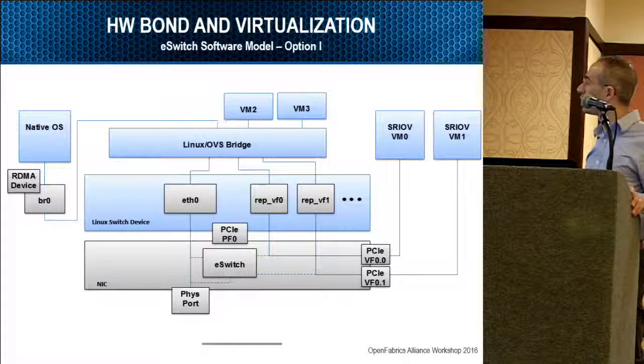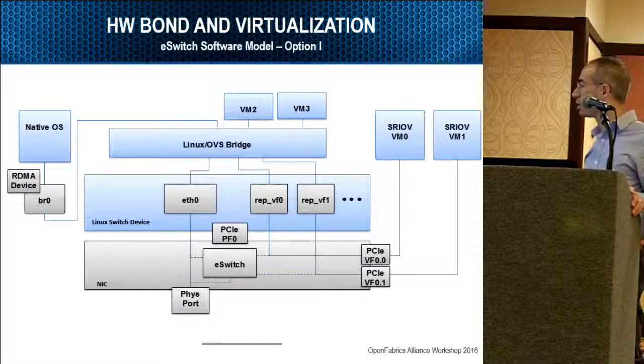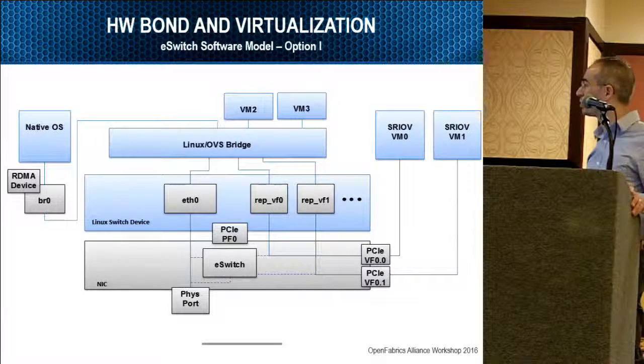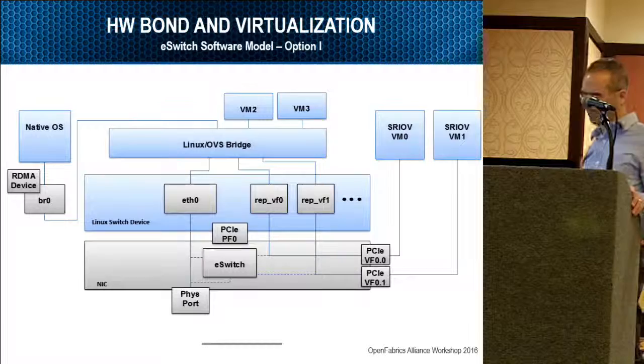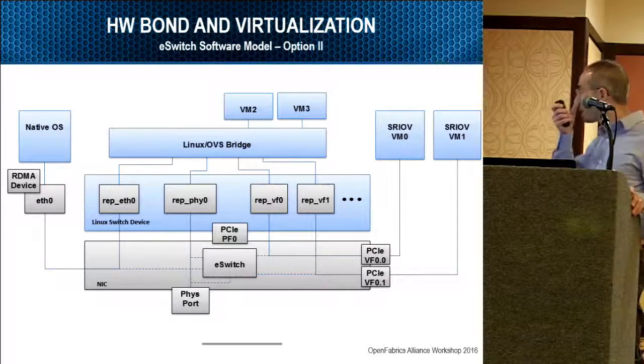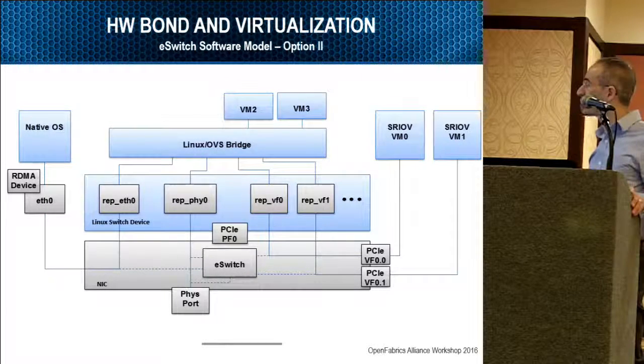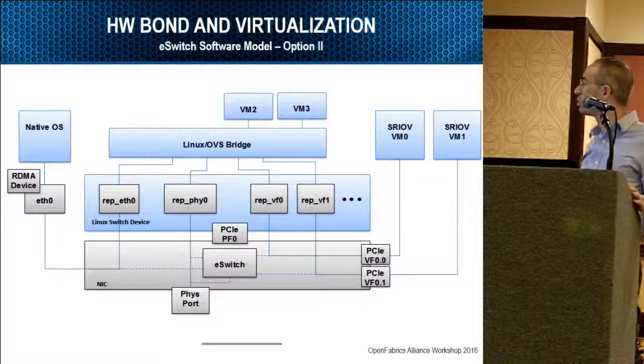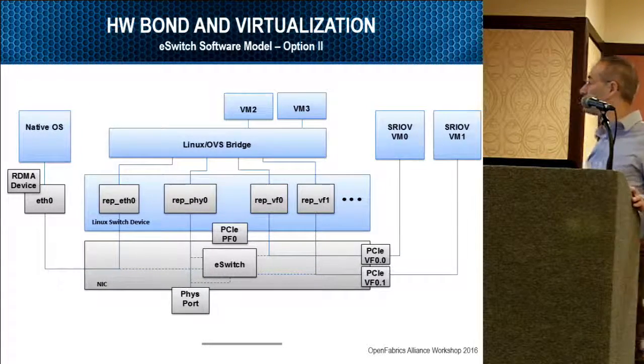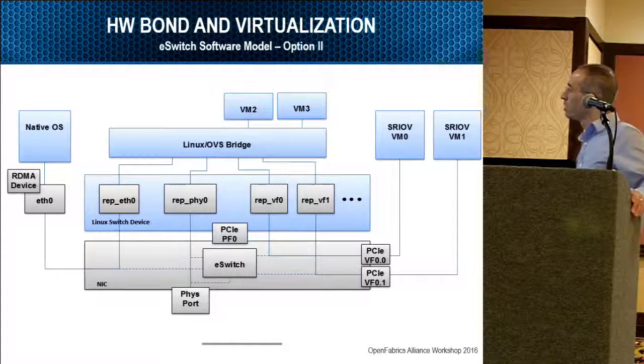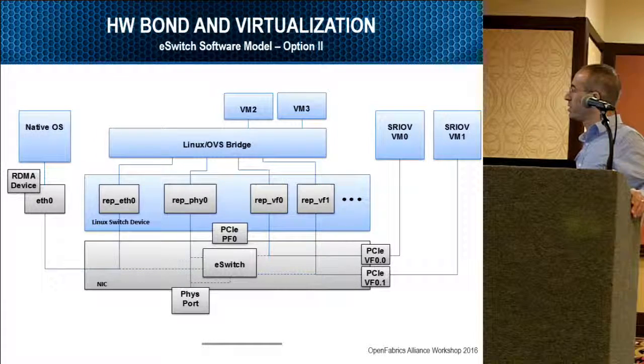If it's local para-virt, then that's it. If not, it needs to go to the embedded switch, and then again forwarding either to SRIOV VMs or to the wire. In this configuration, the hypervisor port is also considered a first-class citizen in the embedded switch. So it gets a direct queue to the embedded switch.